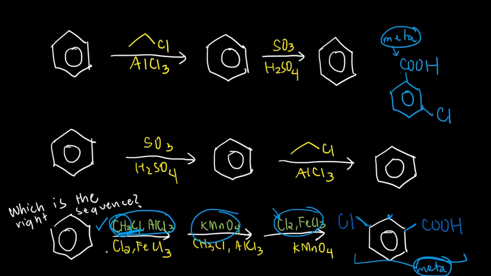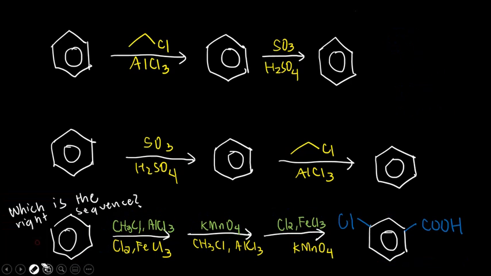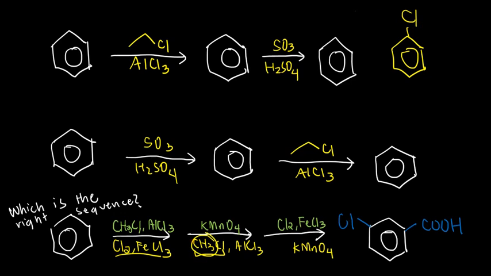So does it mean that there's no way I can get the meta product if we use the yellow one? Well, why don't we try it out? Let me erase everything again. So let's try chlorinating it first. So of course, the first thing I add is Cl. And then I alkylate. Of course, I'm going to attach the CH3. But where?